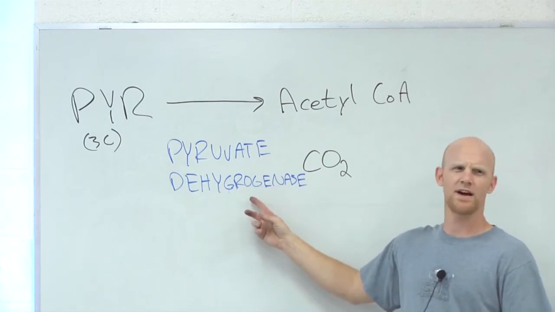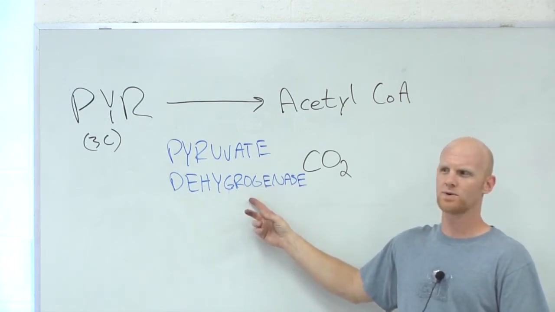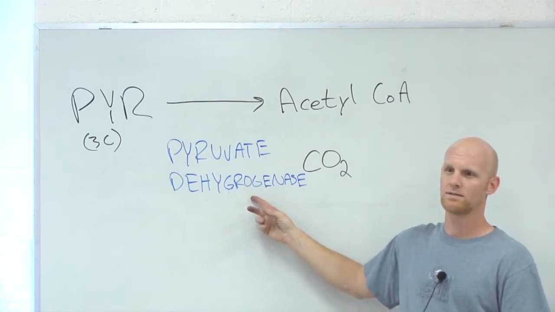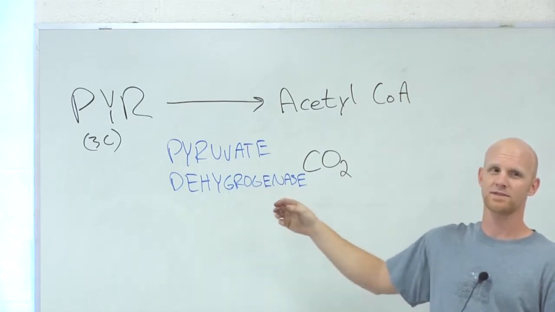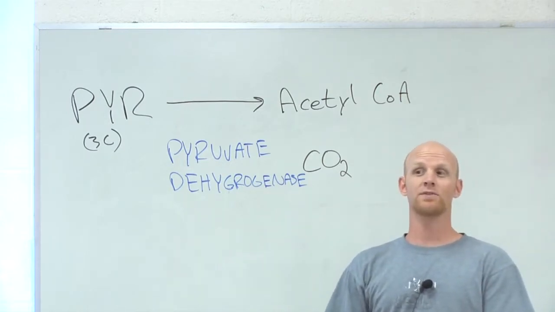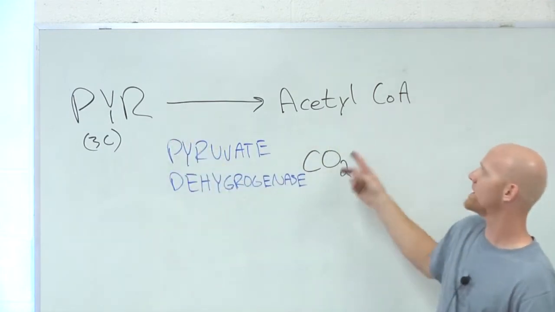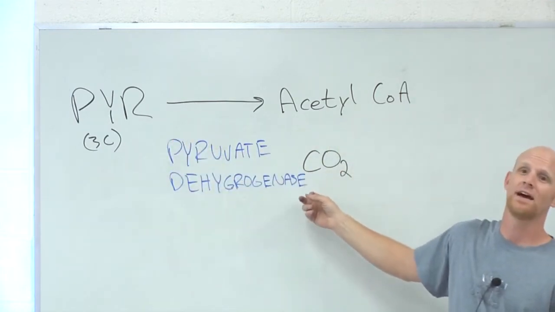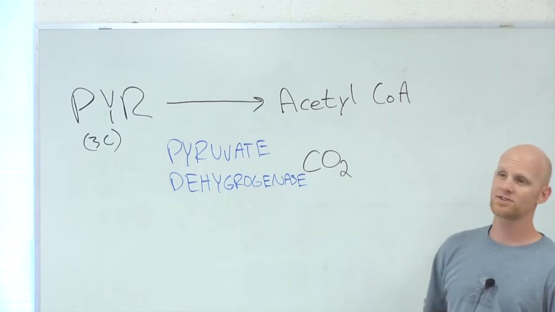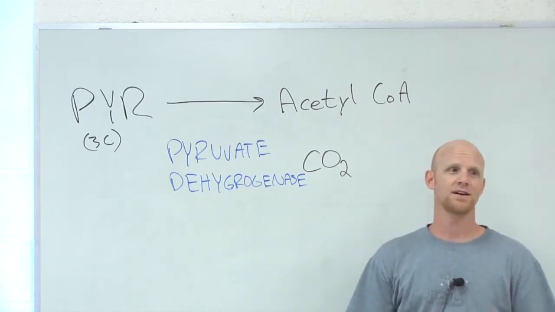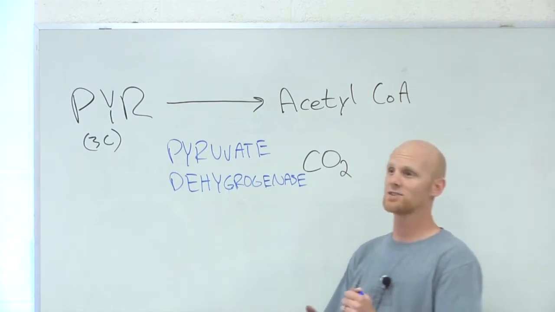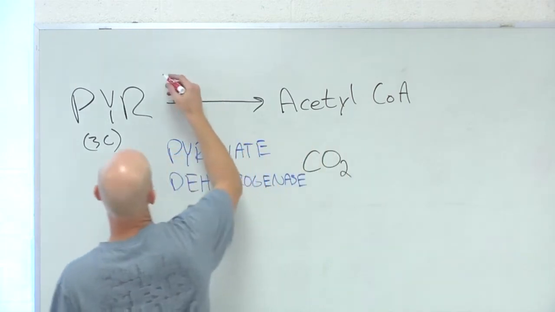Where have we seen the word dehydrogenase before? Yeah, it was the step in glycolysis that was an oxidation. So in fact, pyruvate going to acetyl-CoA and CO2 is indeed an oxidation. And if there's an oxidation, what else has to happen? There's a reduction. What's my big cofactor getting reduced here?